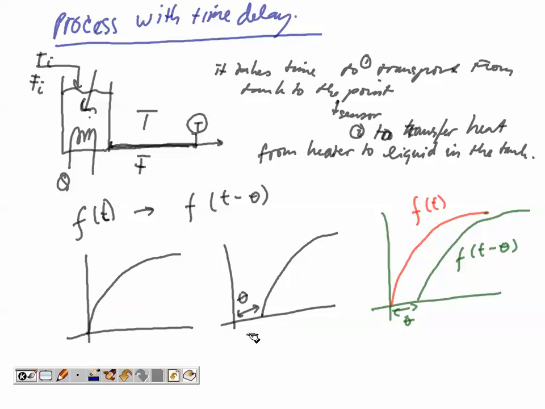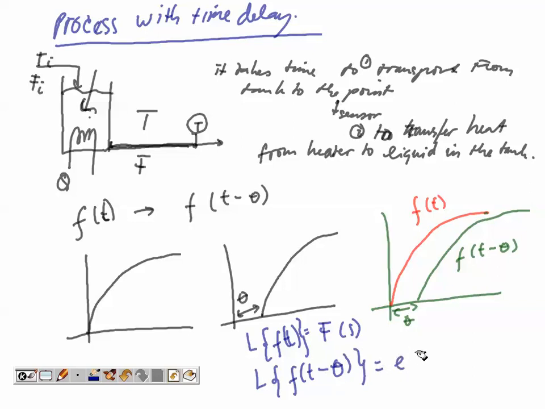If we have the Laplace transform of f(t) is F(s), then the Laplace transform of f(t minus theta) is e^(-theta s) F(s). We can derive this solution maybe later, or you can see it in the textbook.